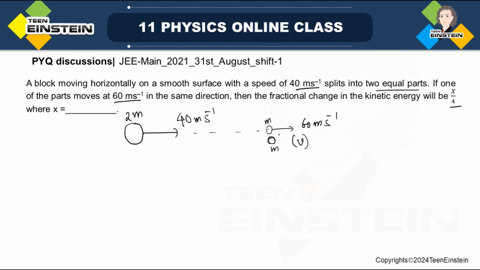Now the fractional change in the kinetic energy means Kf minus Ki divided by Ki. This is the fractional change, which can be taken as a modulus, and that is given as x by 4.